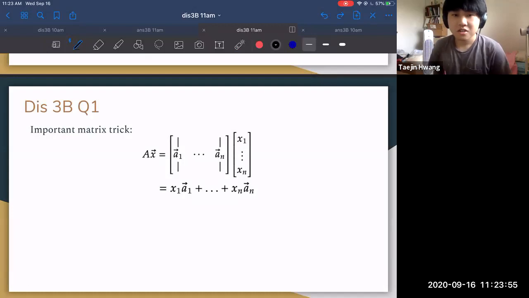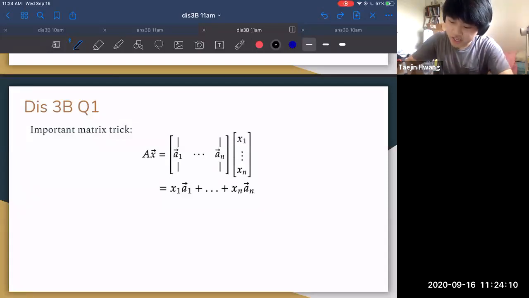To do this, this is a really important matrix trick that I think y'all should know. I think this trick has single-handedly saved me multiple times in classes like E127 even. What this is saying is if you have a matrix A times a vector X, A times X is also going to be a vector.